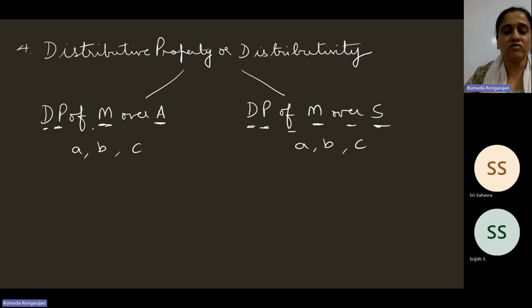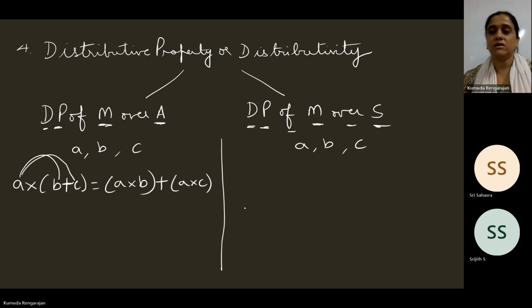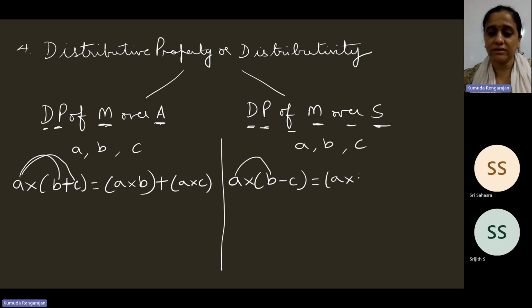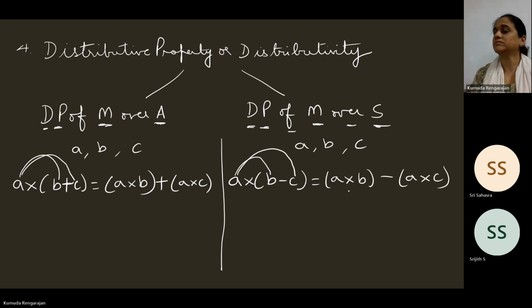Now the distributive property of multiplication over addition states that A into B plus C is equal to A into B plus A into C. And the distributive property of multiplication over subtraction states that A into B minus C is equal to A into B minus A into C. Okay.